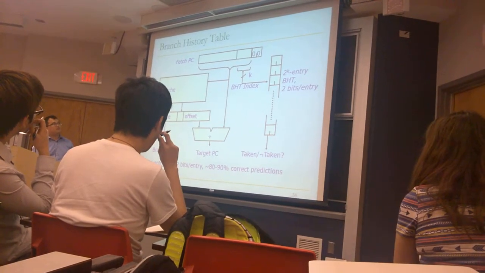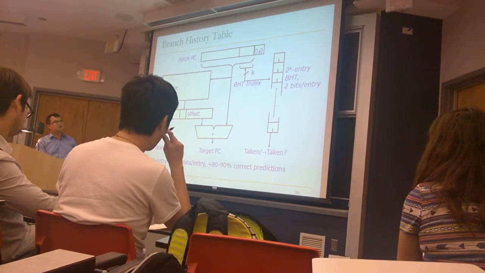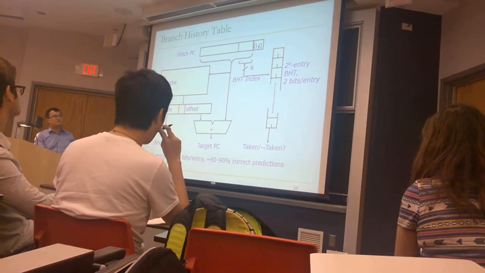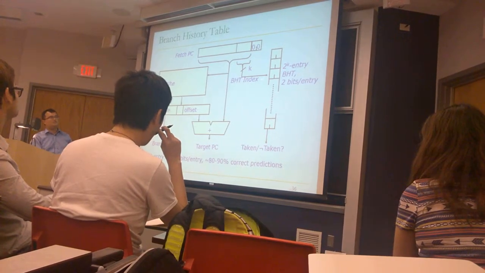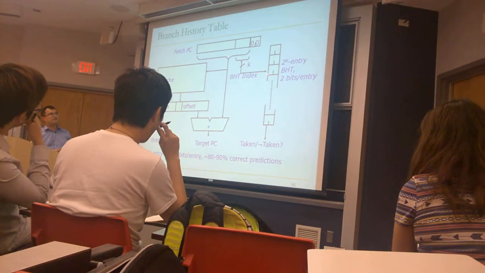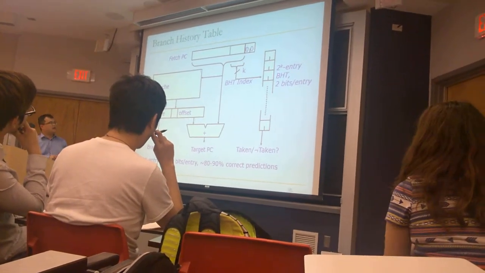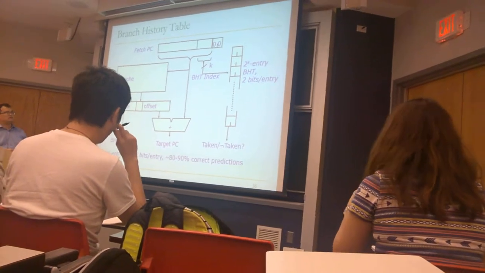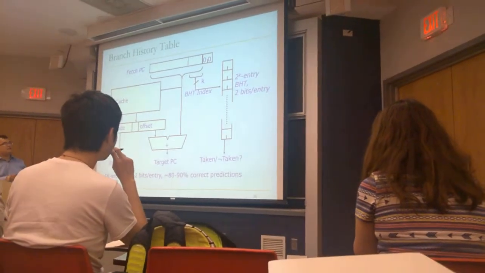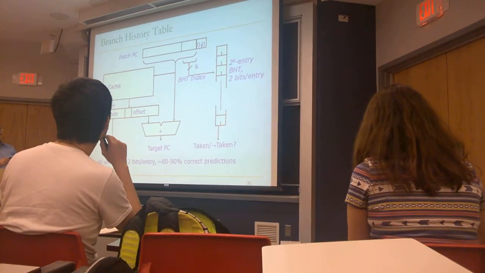For the branch history table, we will use the k bits to examine all those 2^k entries to see which one will be indexed for this PC. So which entry will be selected depends on the PC value only. As for the target address, this result will depend on the contents of the instruction.